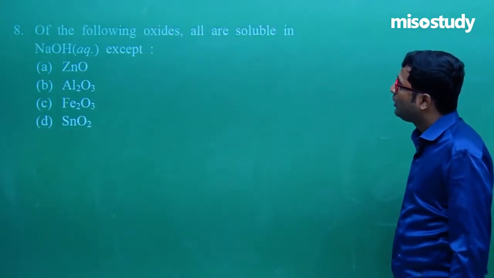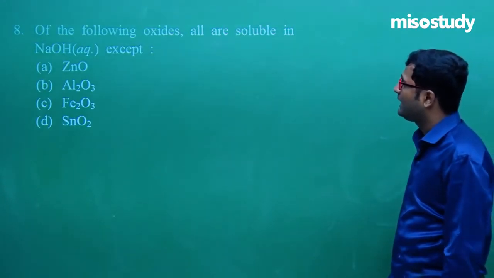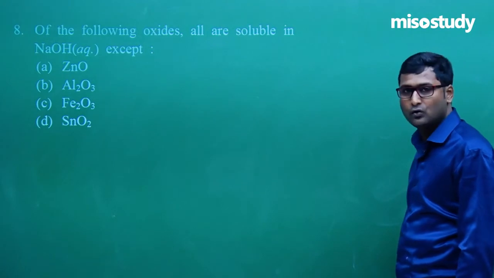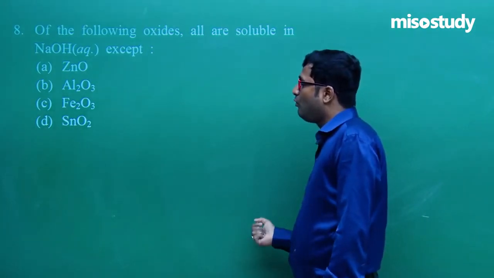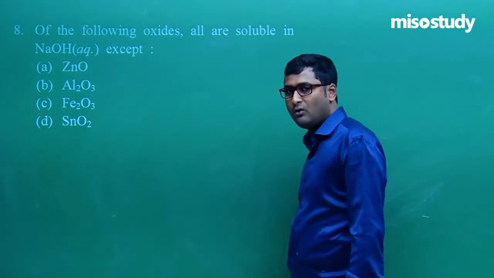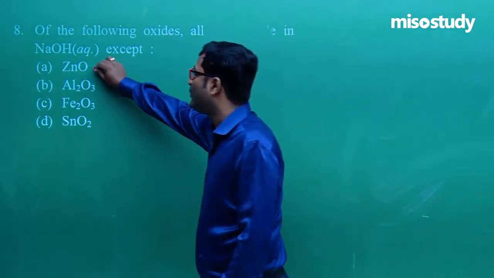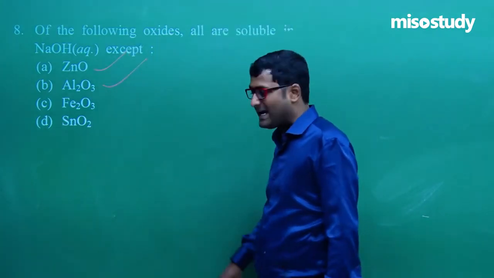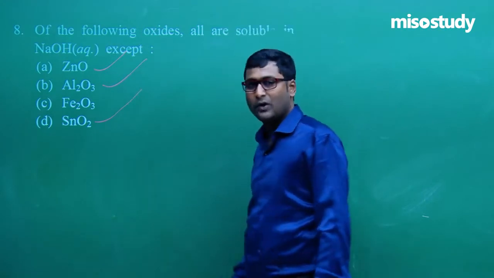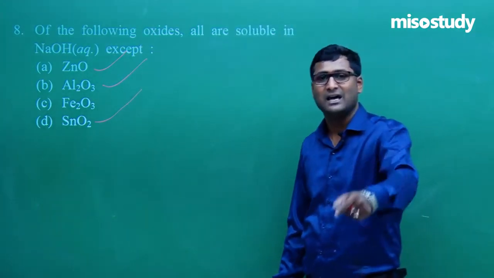Question number 8. Of the following oxides, all are soluble in NaOH except one. Now, how to find? As we know, ZnO is amphoteric, Al2O3 is amphoteric, SnO2 is amphoteric. What does it mean? It can react with acids as well as bases.